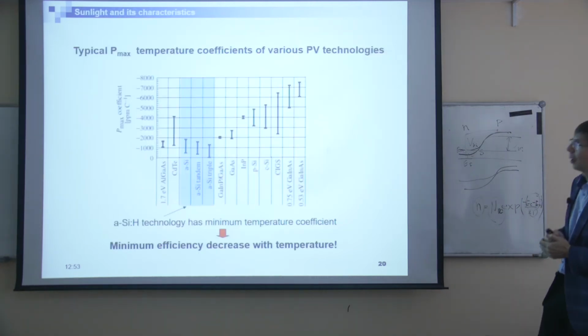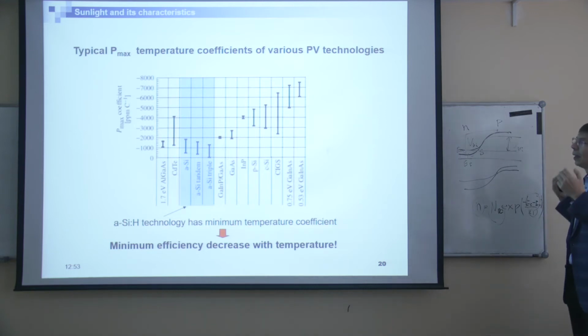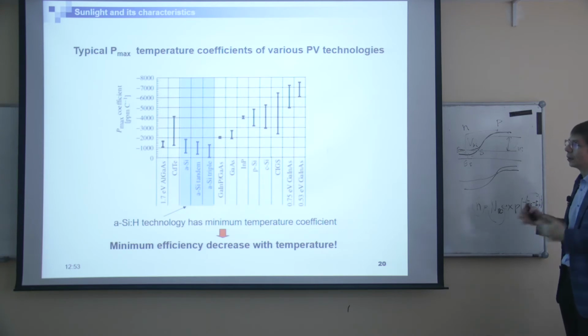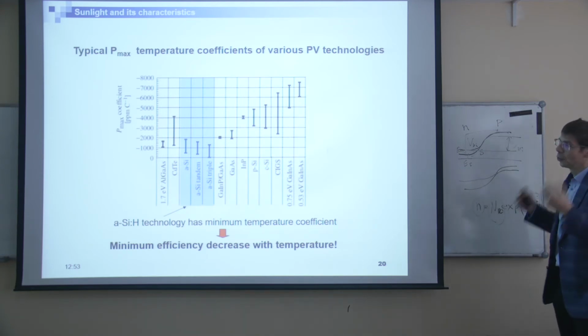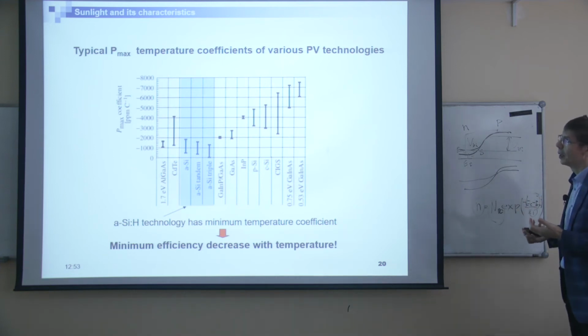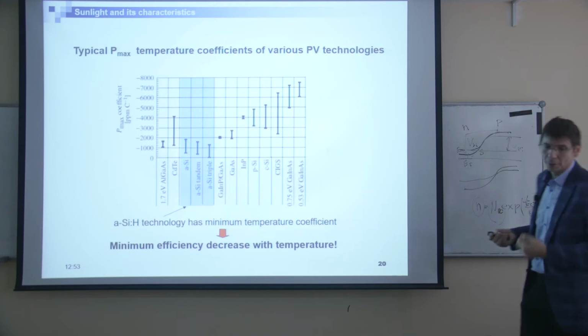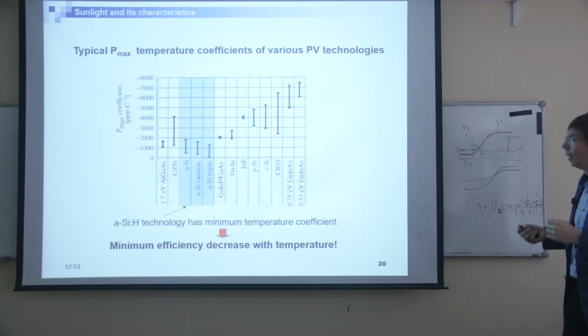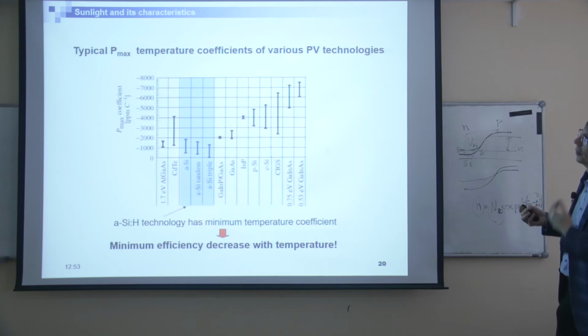And as I told you, you can do something to improve the solar cells, but these basic properties are rather related to the materials, and that is why you can get some ideas about the temperature coefficient for different materials.